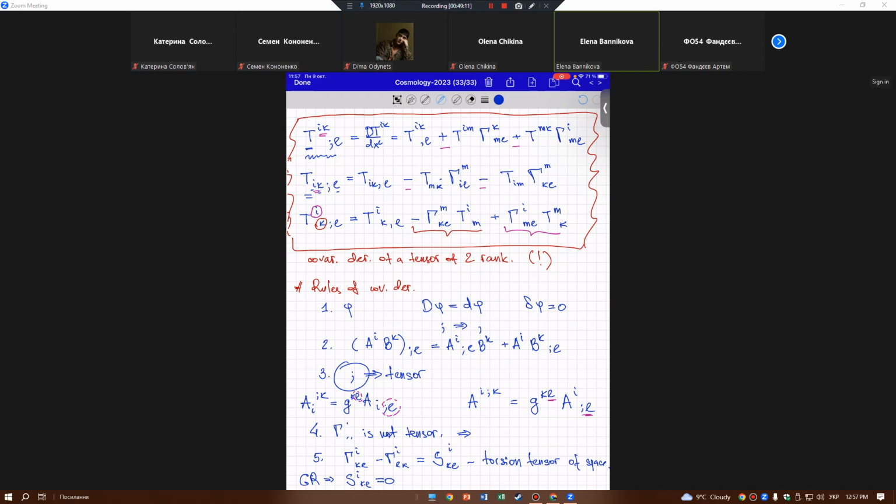We can feel why the torsion tensor should be 0 just due to simple logic, because we understand that we can choose the local inertial reference system, which corresponds to the local flat space, for which all Christoffel symbols equal 0.